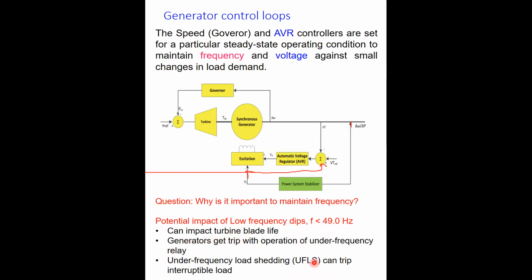In some cases, we also have the use of under frequency load shedding, again a form of relay circuit which will trip the load. So you have the load shedding applied in steps if the frequency drops. These are some of the approaches that we normally have in our system so that the frequency does not dip beyond the allowable limits.